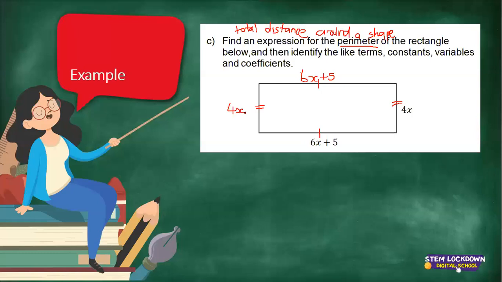Okay. So the perimeter in this case is equal to 6x plus 5 plus 4x. Okay, you can work with me. Hopefully you guys have pens.